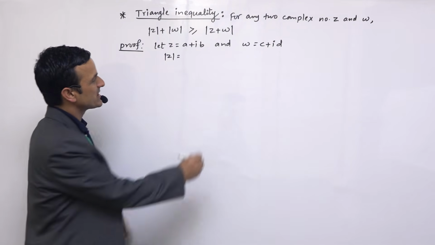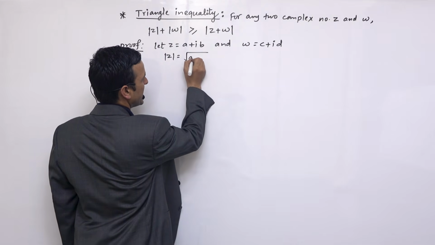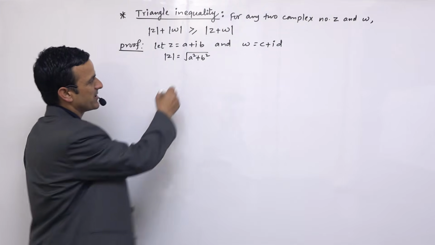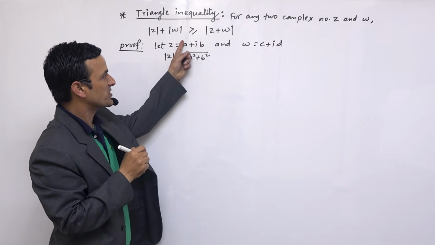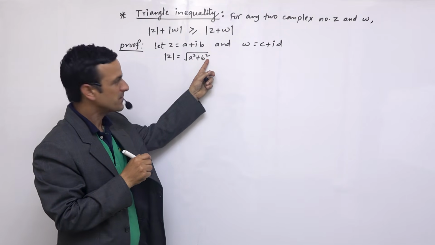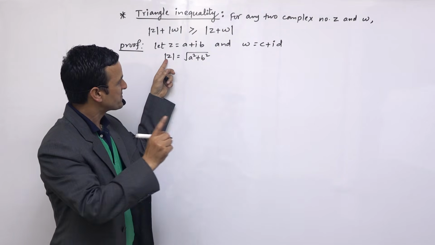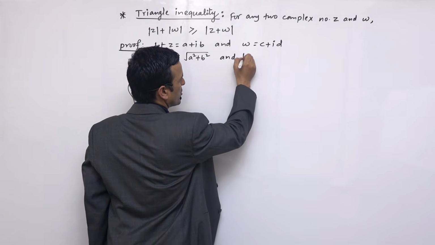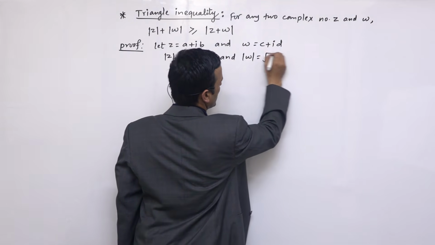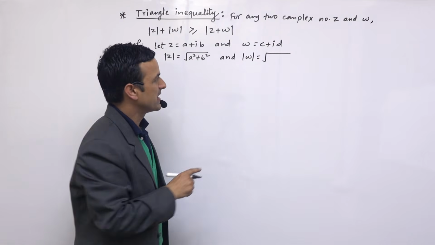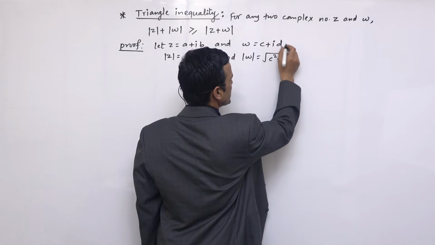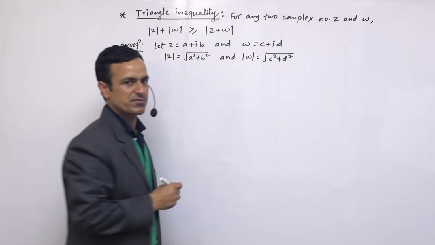How to find modulus z? It will be root of a squared plus b squared, which we have already studied: real part squared, imaginary part squared, by the definition of the absolute value of a complex number. And modulus w means root of c squared plus d squared.